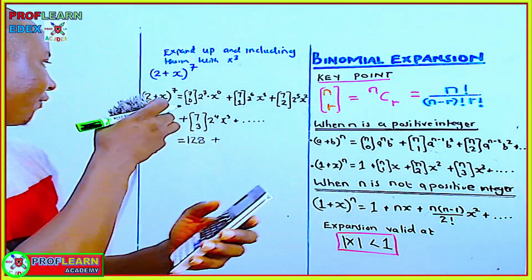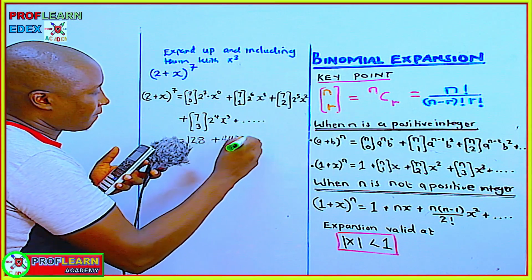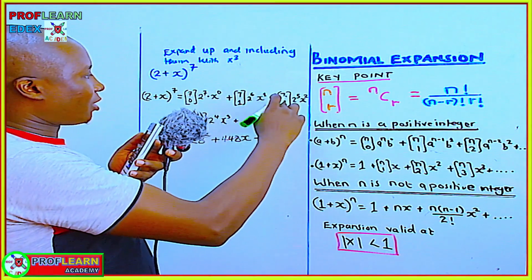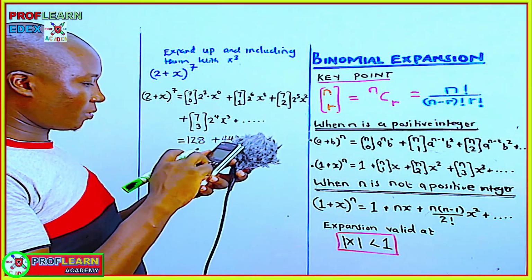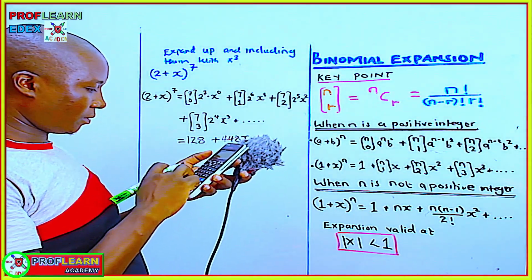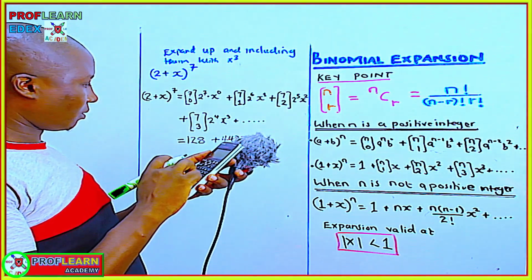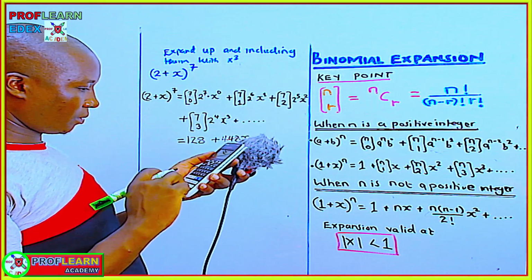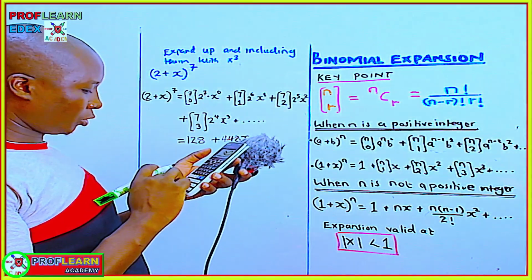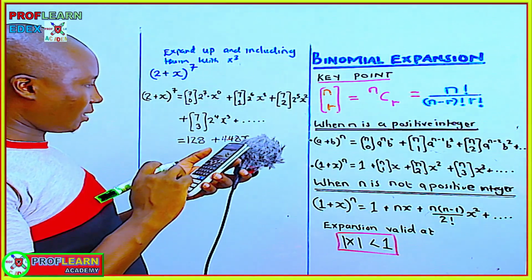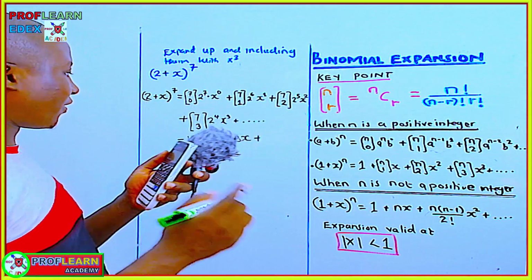If you work it out, you are going to get 448, so 448x, plus the next term is 7 combination 2, and the answer we get times 2 raised to power 5 times x squared, and that translates to 672.